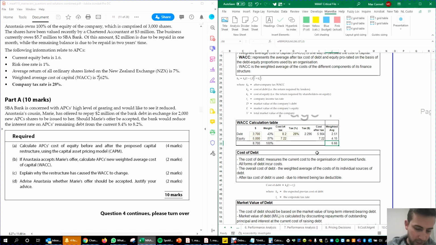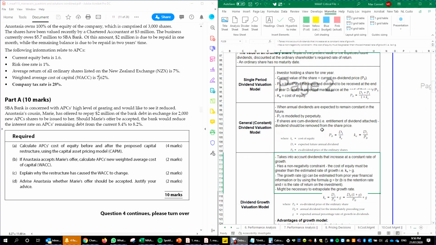So that's one argument to say that she should accept it. Secondly, that lower WACC actually increases the value of shares. The reason for that is the value of shares are calculated based on future cash flow, so dividends paid out.